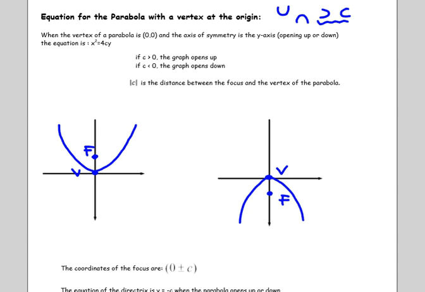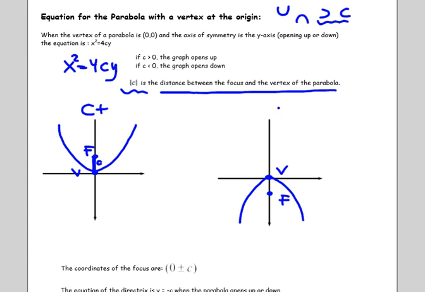And this distance here, we're going to call it C. So the formula is x squared equals 4 times C times y. And the absolute value of C is the distance between the focus and the vertex of the parabola. So if your C is positive, it's going to go up. If your C is negative, it's going to go down.